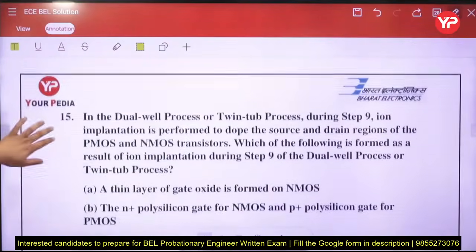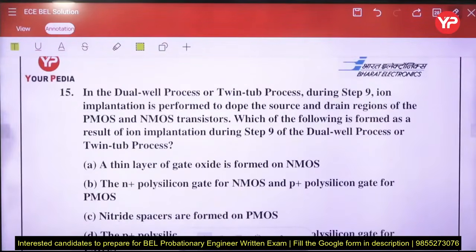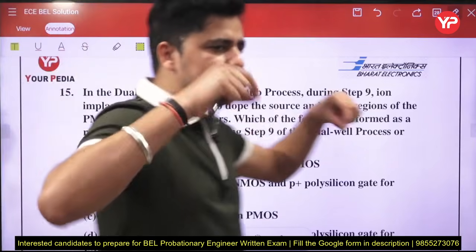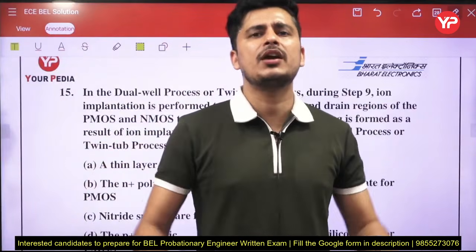In a dual well process or twin tub process, during step 9, ion implantation is performed to dope the source and drain regions of the PMOS and NMOS transistors. Which of the following is formed as a result of ion implantation? Basically, whenever you do ion implantation, we are doing the doping.